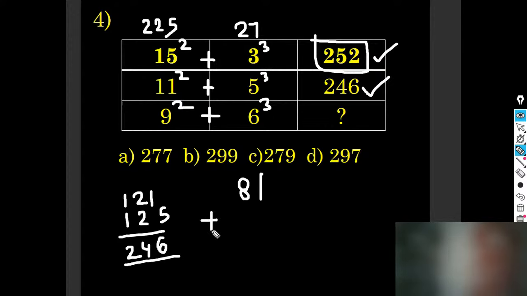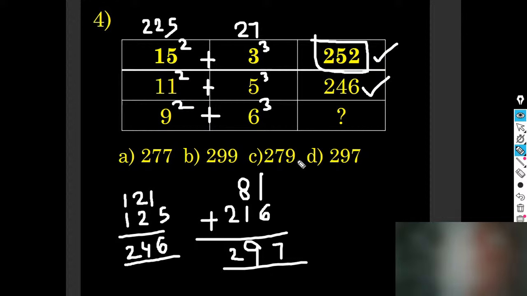Yeah, 9 square is 81 and 6 cube is 216. So if we add these, we get 297. 297 is the correct answer. The logic here is first number square plus second number cube gives us the third number.